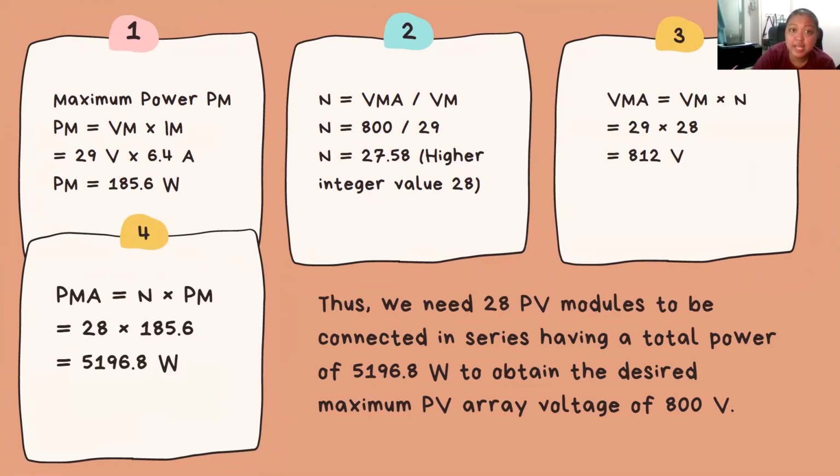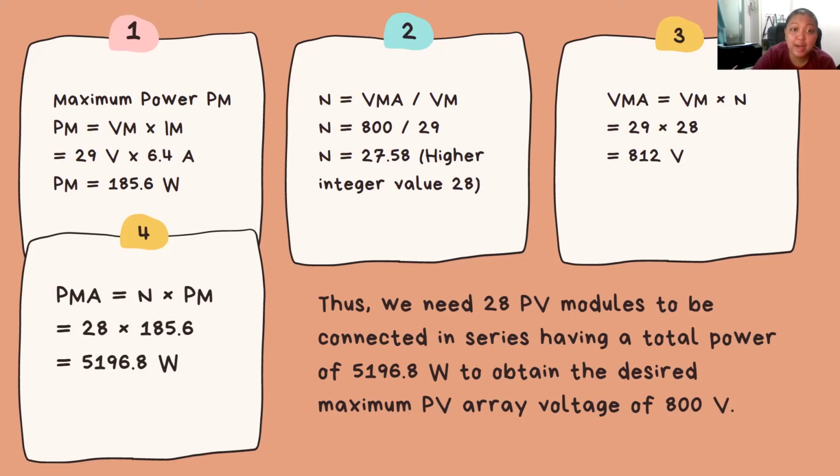The next step is to calculate the number of modules to be connected in series. In order to compute the number of modules to be connected in series, we are going to use the given voltage at the maximum power point, V sub MA, over V sub M. So 800 volts over 29 volts is equal to 27.58.